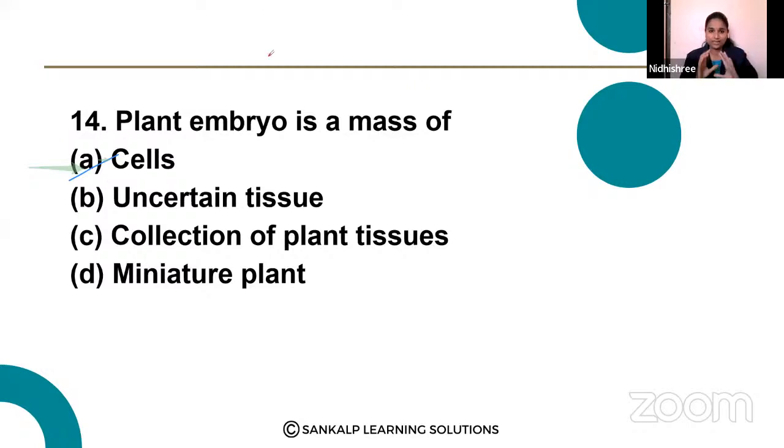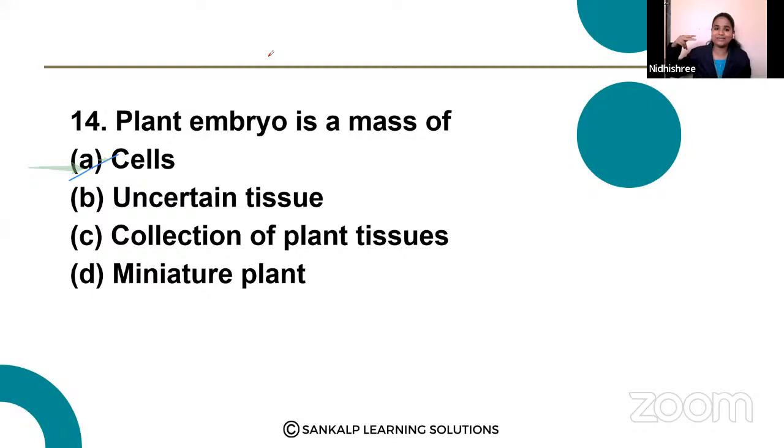Plant embryo is a mass of, meaning what it develops into further. Okay, mass of cells. No. Two persons answered it correctly till now.